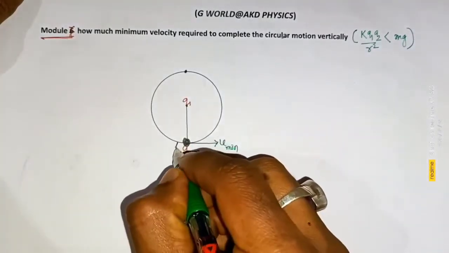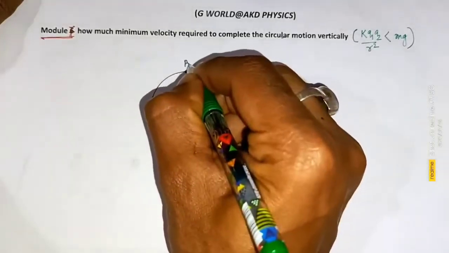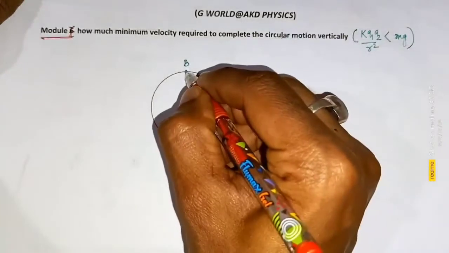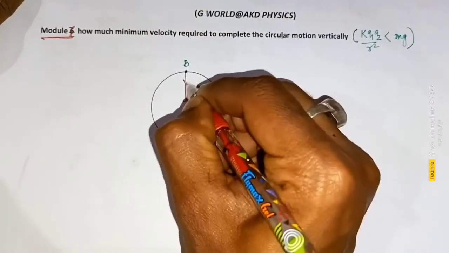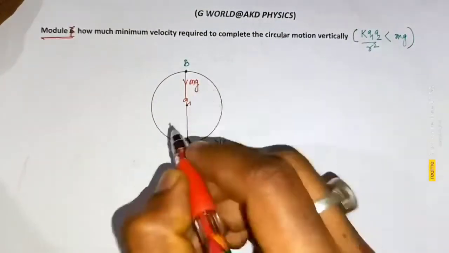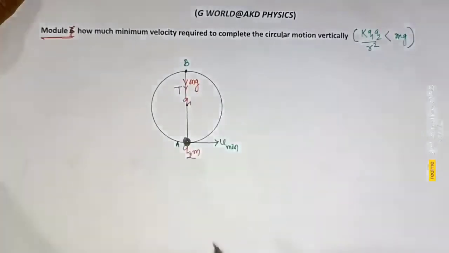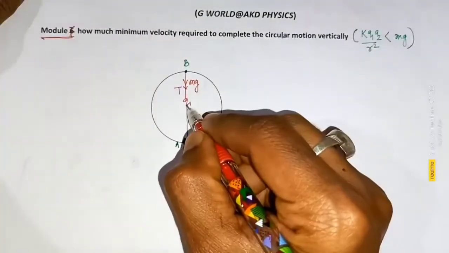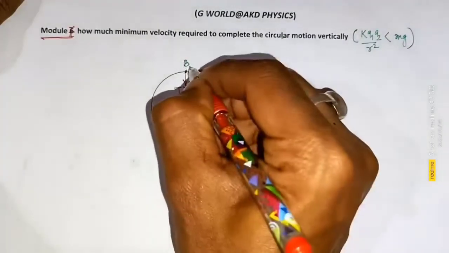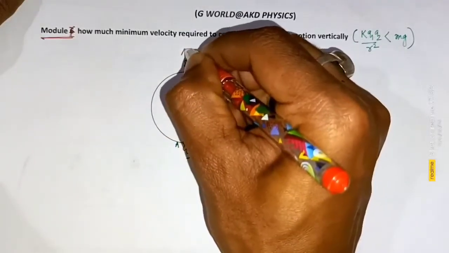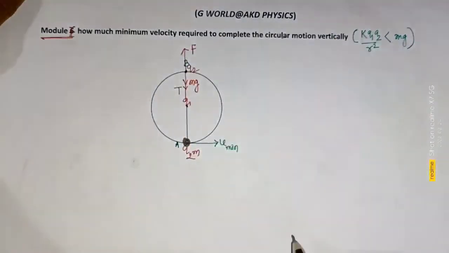If I assume this is point A and this is point B, look at the forces that exist. This is weight mg, and tension at this point is downward. This is a positive charge, Q2, and with Q1 and Q2 here, electrostatic repulsion will exist like this.